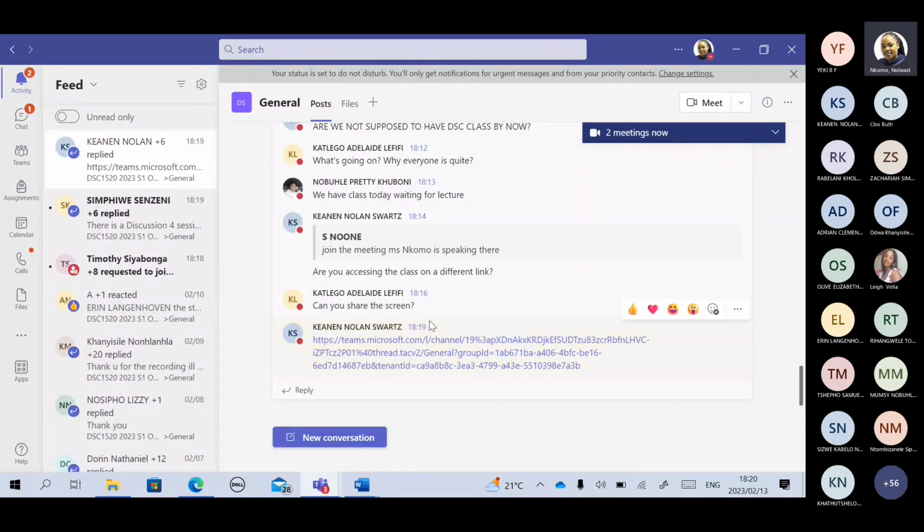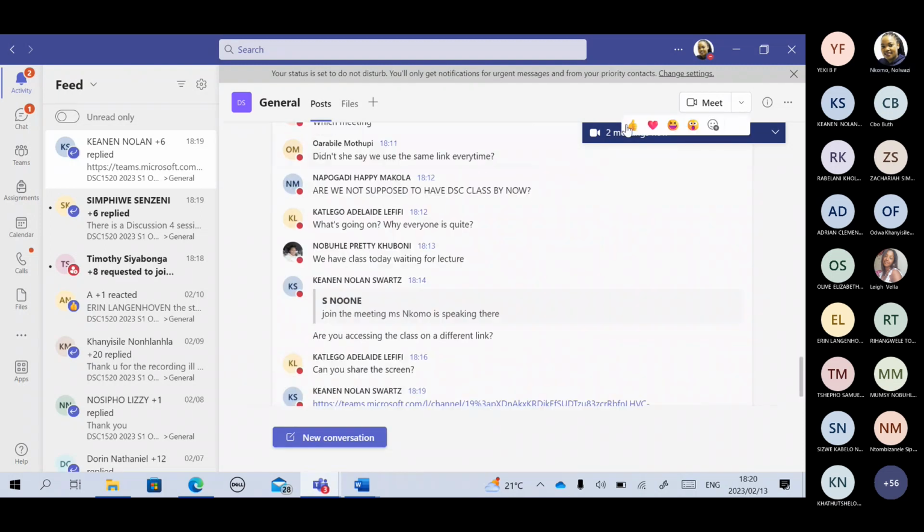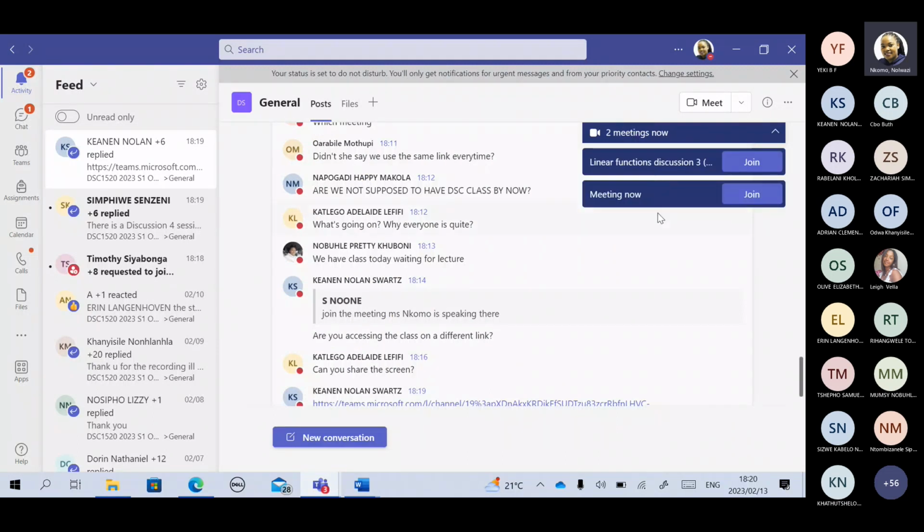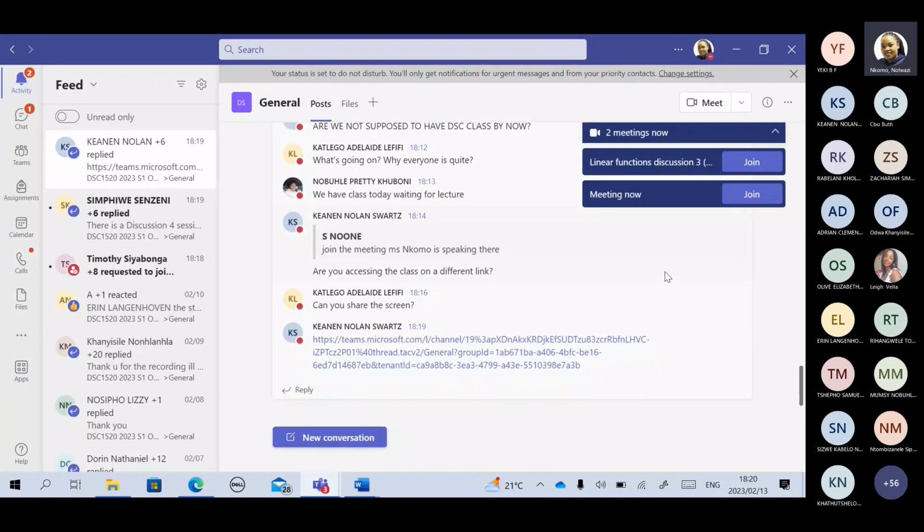Can you share the screen? Oh, 2 meetings now, linear functions and meeting now. Oh, okay. This is what is happening here. Can you all see my screen, right? Yes.